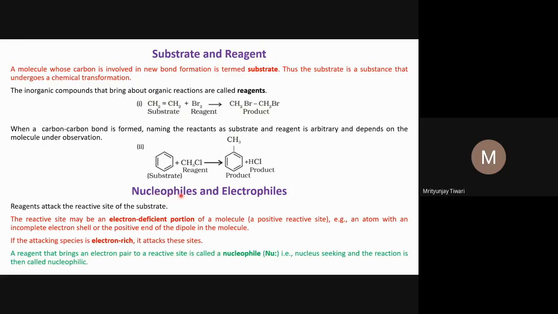Nucleus means the nucleus, and phile means loving. So nucleus loving, or positive center loving, species will be electron-rich species, because only electron-rich species get attracted towards a positive charge center or an electron deficient center.